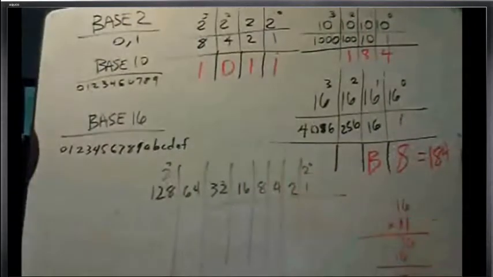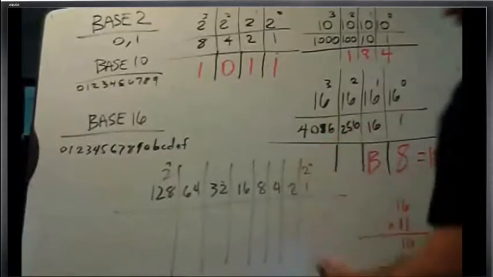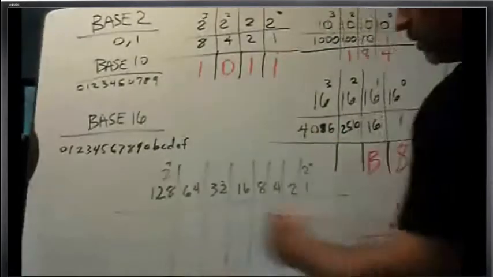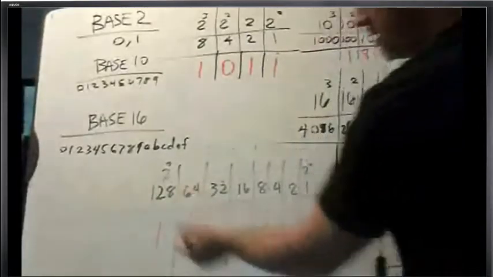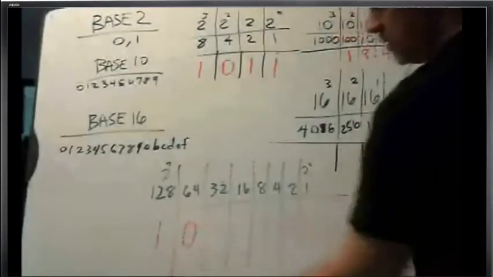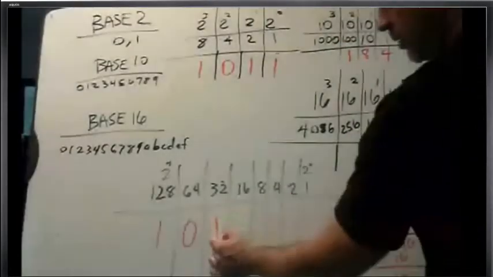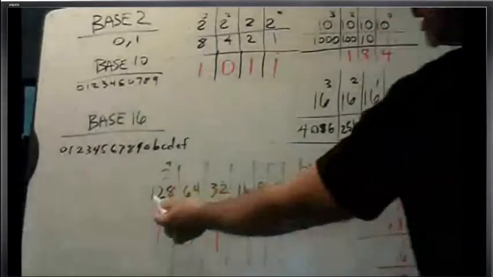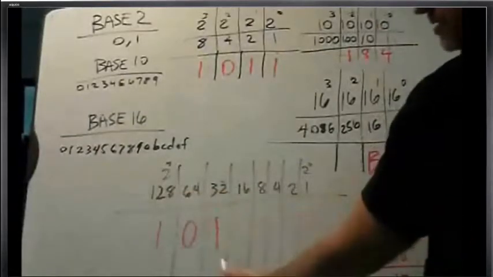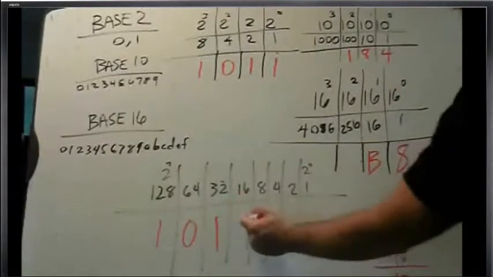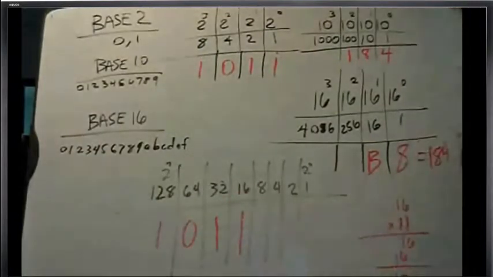So in binary, if I want to write 184, how many 128s will I need? Well, I'll only need 1. How many 64s? 0. How many 32s? 1. Now I have 128 plus 32 is 160, right? How many 16s? 1. There's 176.